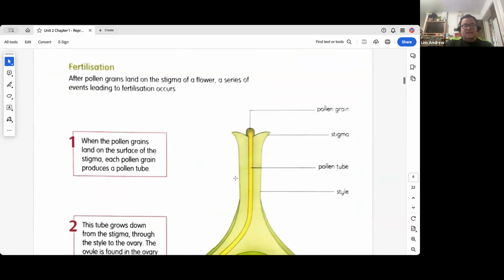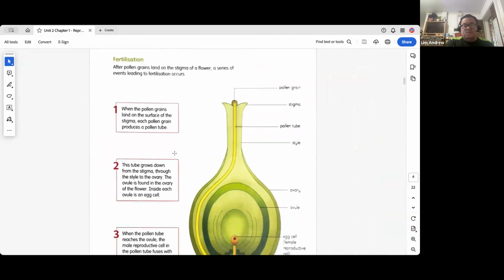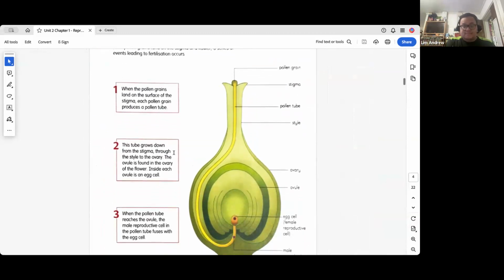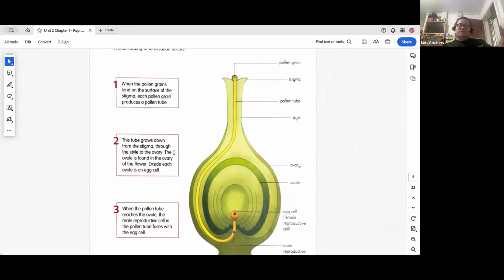All right. Now, after the pollen grain has landed on the stigma of a flower, what happens next? So students, be very careful. We know that pollination has two types. One is animal pollination, one is wind pollination, but they both result in the same conclusion.